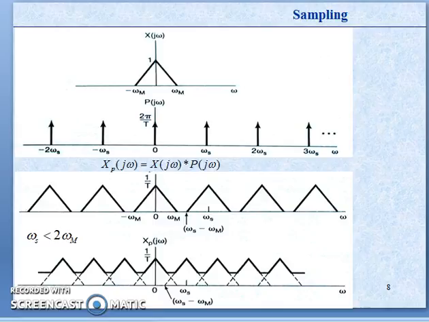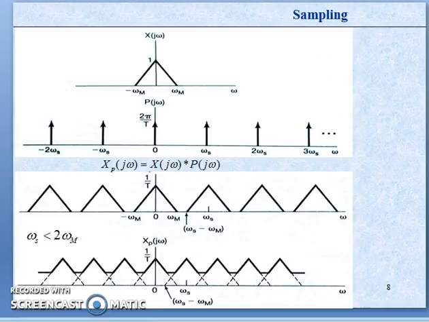As we all know, any signal convolved with an impulse is equivalent to shifting. So X of j omega convolved with delta omega, you will get the same spectra from minus omega m to plus omega m. Second, X of j omega convolved with delta omega minus omega s is equivalent to shifting the complete message spectrum around omega s, similarly around 2 omega s, and so on till infinity.